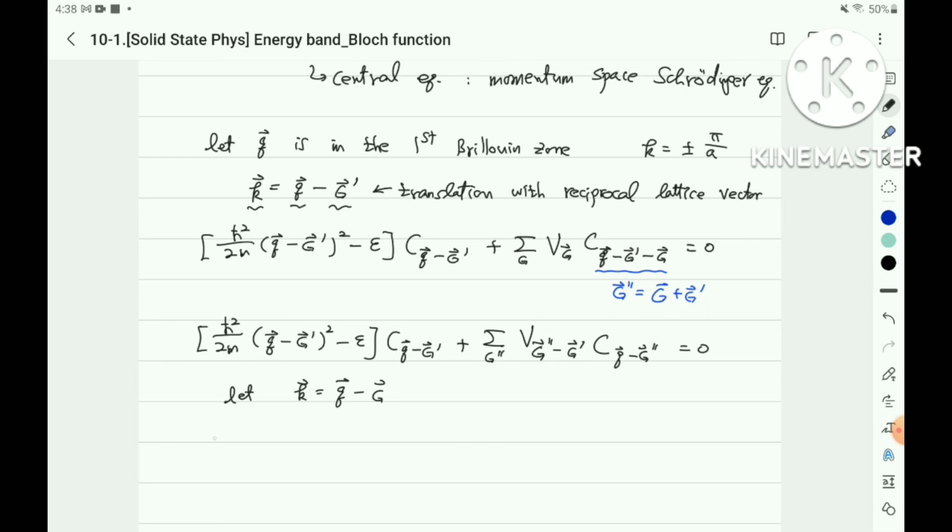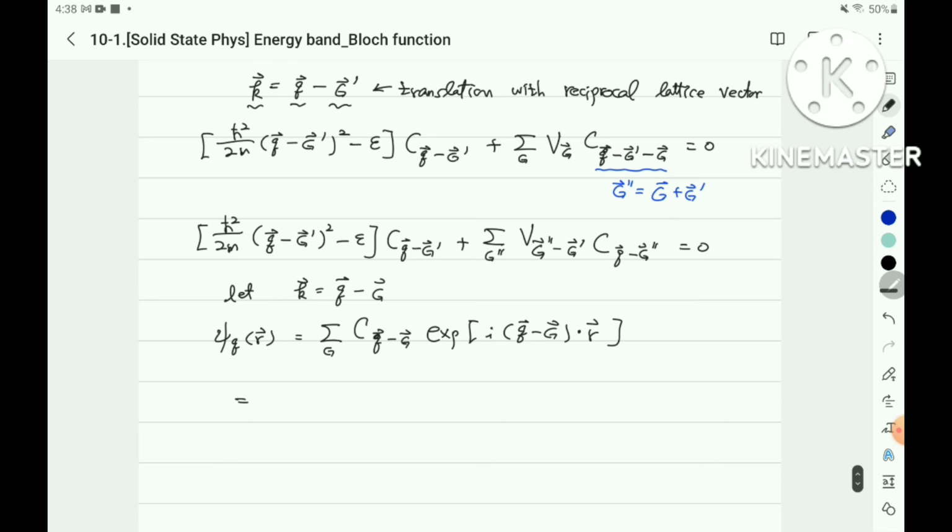And let's think about the wave function. The wave function for the q vector should follow this reciprocal lattice vector sum of c_(q minus G), because k equals q minus G, and the exponential i times (q minus G) dot r.